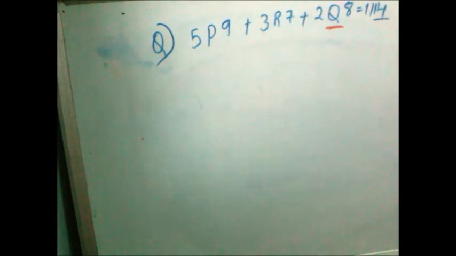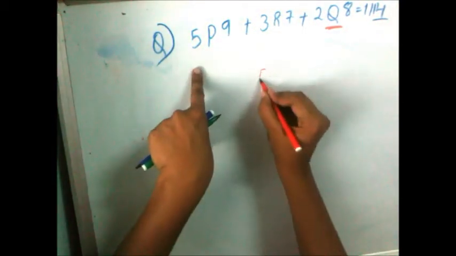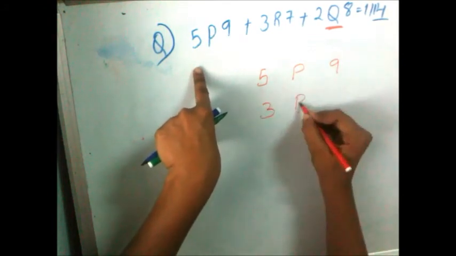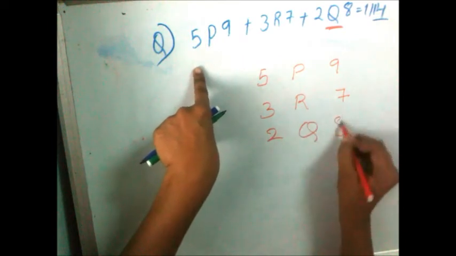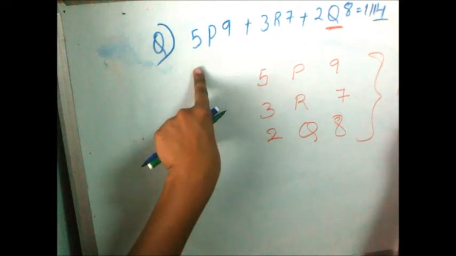Let's analyze this. It is 5P9, 3R7 and 2Q8. Its sum is equal to 1114.